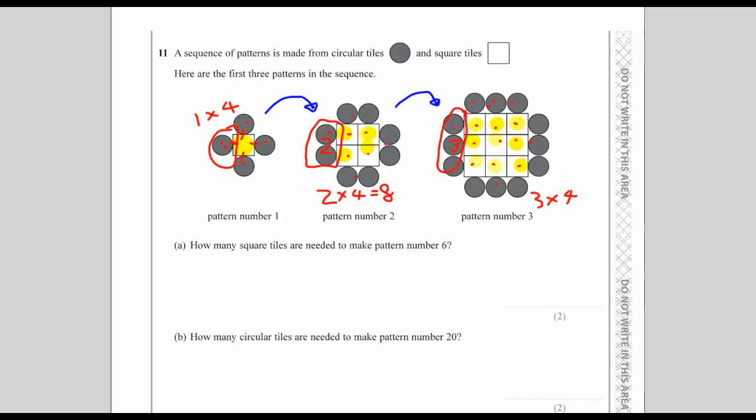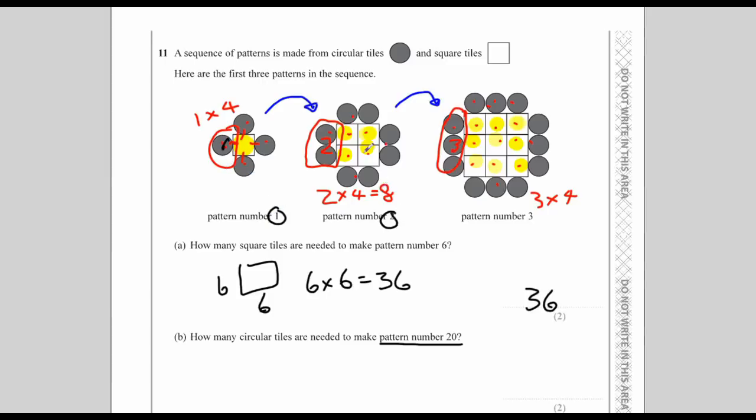How many square tiles are needed to make pattern number 6? Well, it's just going to be 6 by 6. 6 times 6 is 36. 2 marks. B. How many circular tiles are needed to make pattern number 20? So on pattern 1, there's 1 on each.